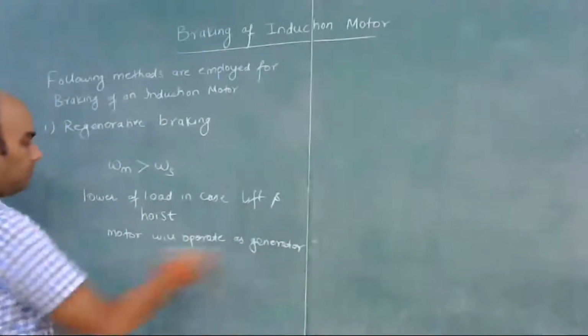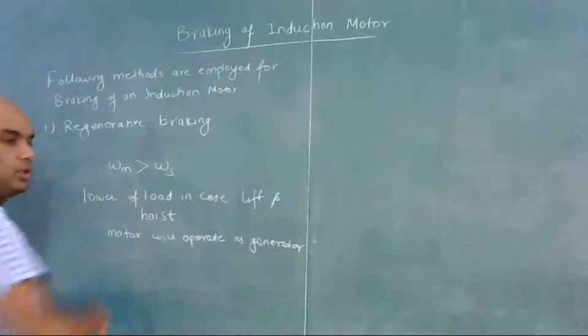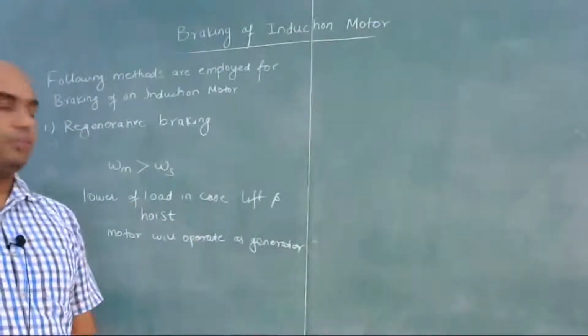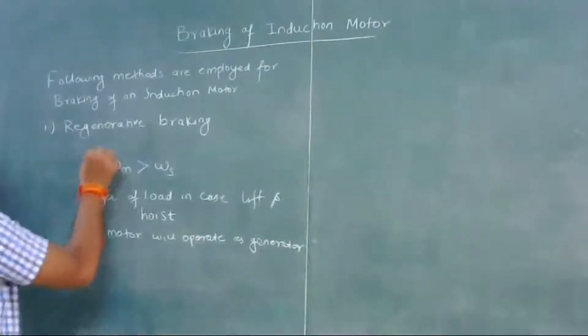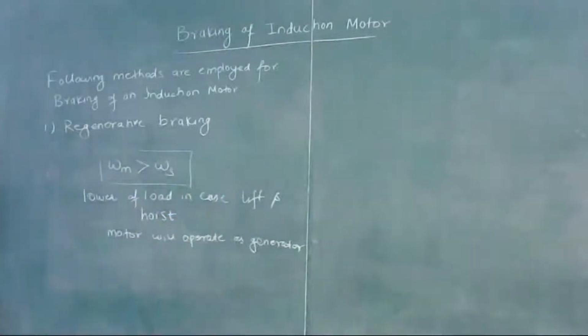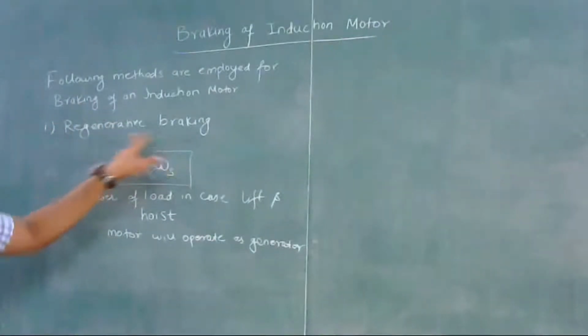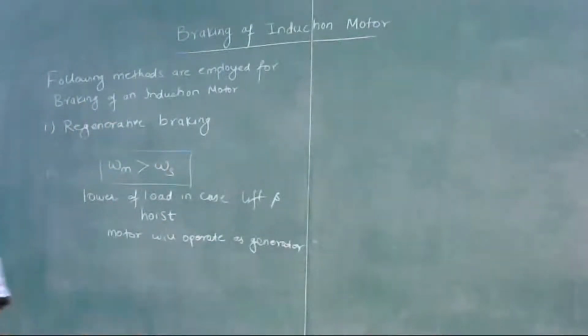Power flow will be reversed, from generator to the supply side. So if the speed of the induction motor is greater than synchronous speed, it behaves like a generator and there will be regenerative braking.